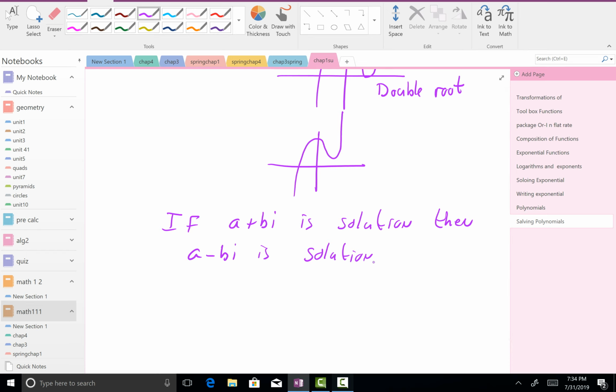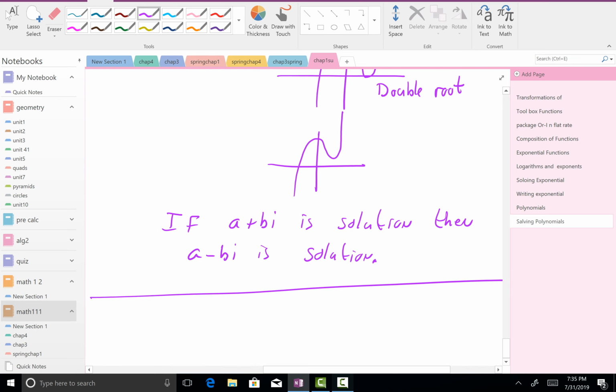So a plus bi is a solution, and a minus bi is a solution. So here, if this one's real and these two are imaginary, 1, 2, those are imaginary. You can't have just one imaginary; you have to have 2 or 4, even numbers of them.